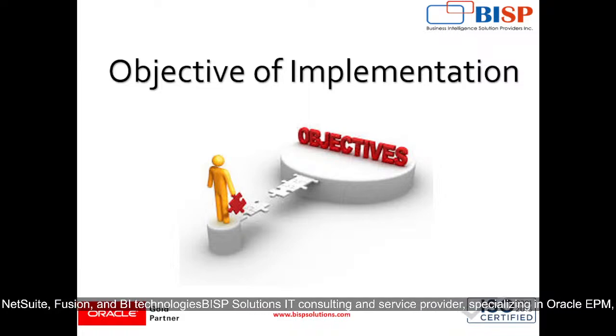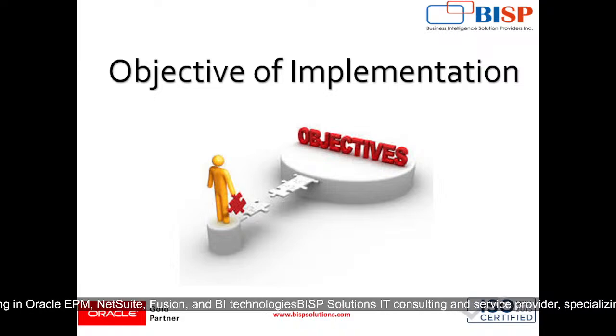The primary objective of implementing a new system, such as migrating from QuickBooks to NetSuite, is to enhance business operations by addressing current limitations and aligning technology with the organization's growth and goals.